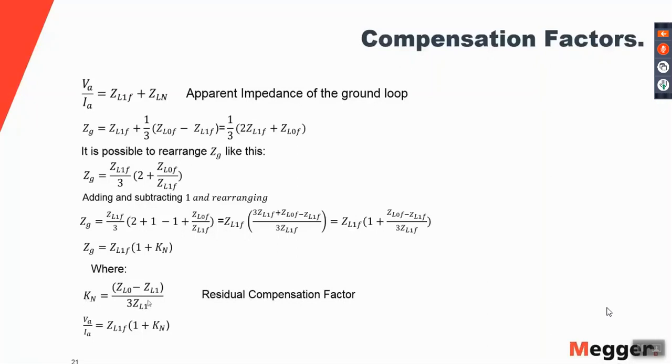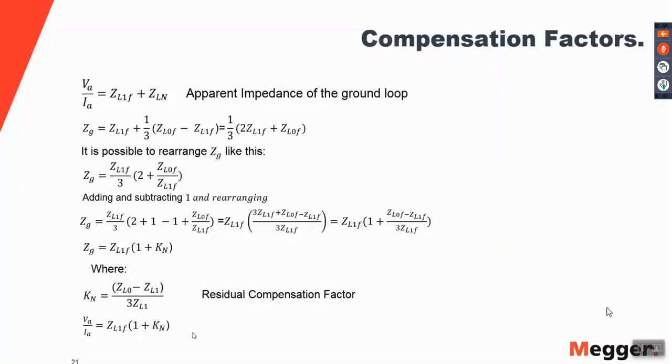And now we can use this Kn in this equation, and we can say that VA divided by IA equals the positive sequence impedance to the fault times 1 plus this compensation factor. This allows us to calculate the positive sequence impedance to the fault by simply dividing the voltage and the current and applying this compensation factor.